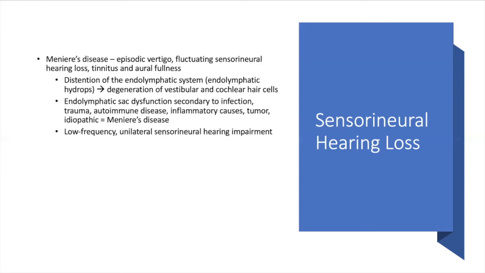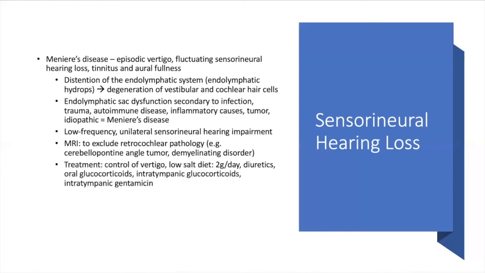Typically, low-frequency, unilateral sensory neural hearing impairment is present. Magnetic resonance imaging should be obtained to exclude retrocochlear pathologies such as cerebellopontine angle tumor or demyelinating disorder. Therapy is directed toward the control of vertigo. A 2 gram per day low-salt diet is the mainstay of treatment for control of rotatory vertigo.